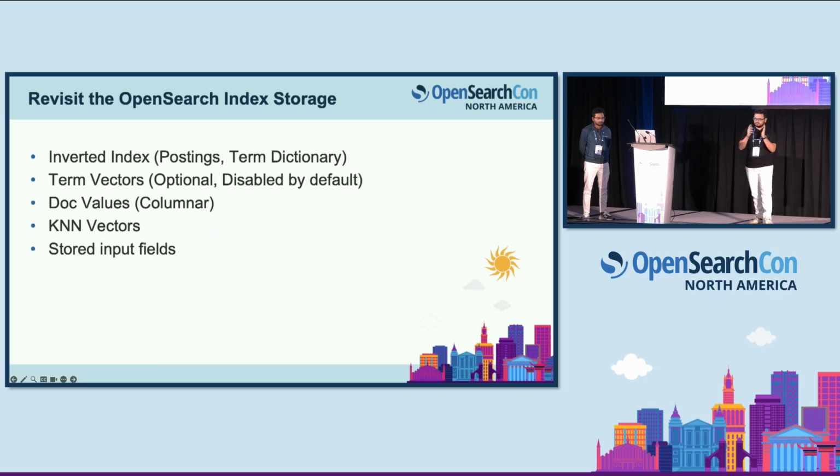Now we already had a lot of data structures which we are creating, which we covered in the first slide. We had the inverted index, term vectors, doc values, KNN vectors, and also the stored fields which you can configure. On top of it, OpenSearch stores the source as well. So what if there is a way that I can derive the source, regenerate it during the query using the existing data structures that I may have already created for my analytical queries?